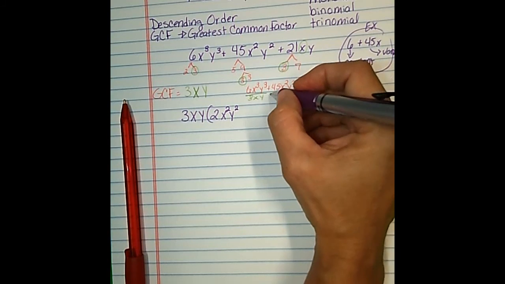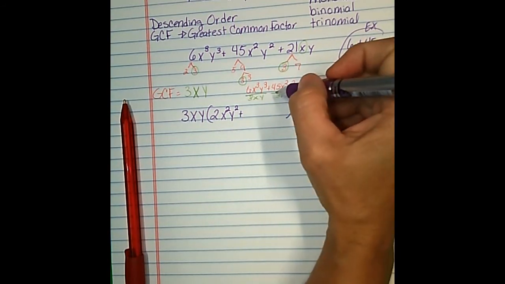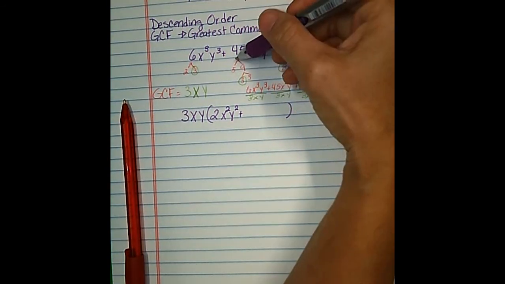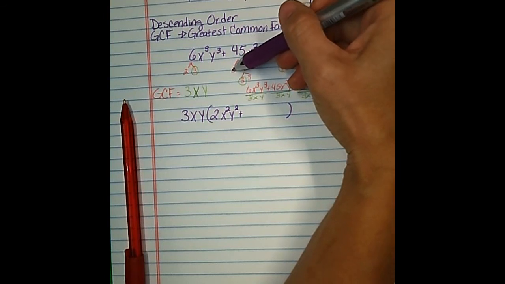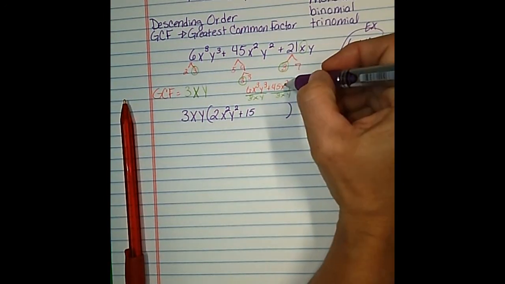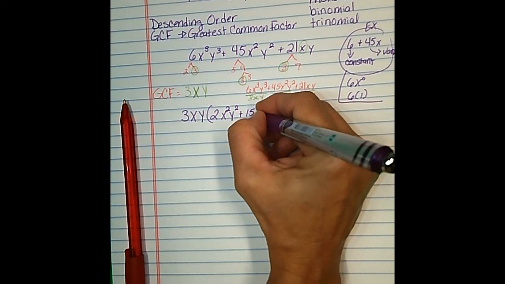And I have positive 3 divided into positive 45 leaves me a positive, right? 3 goes into 45 how many times? Well, if I come back to my prime factors, if I take a 3 out of it, I got 5 times 3 leaves me with 15. I have x squared, and I'm dividing by x, so that means power of 2 minus power of 1 leaves me with x.